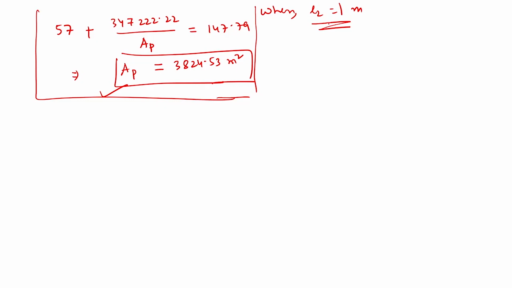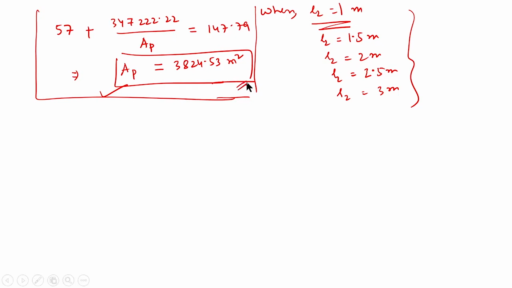So, we need to do the calculation for L2 equal to 1.5 meter, L2 equal to 2 meter, L2 equal to 2.5 meter, then L2 equal to 3 meter. Then we can find out at what depth we get the minimum area.